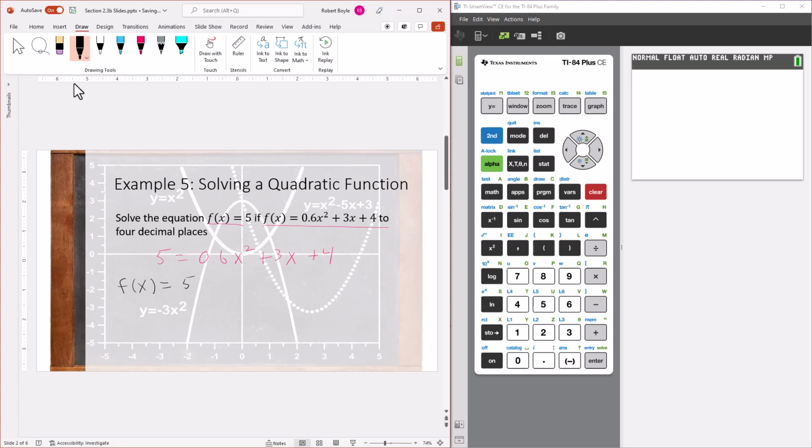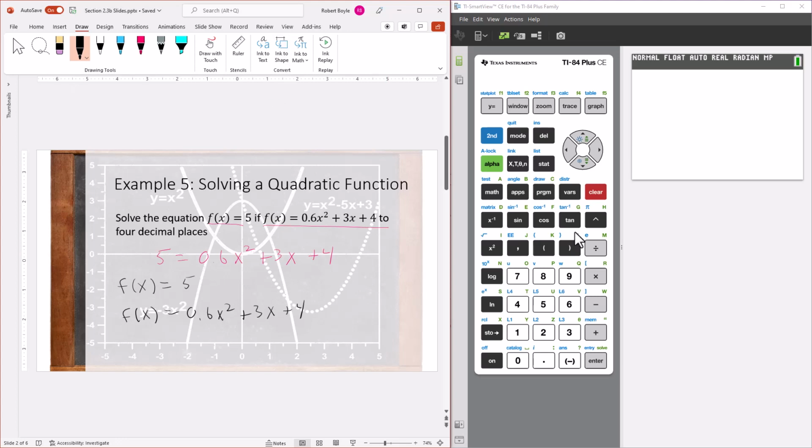And then we are going to plot the curve f of x is equal to 0.6x squared plus 3x plus 4. Now, the 1 or 2 points where these two curves intersect is the solution to these two equations. And that's basically our plan. And to do that, we are going to use our calculator.